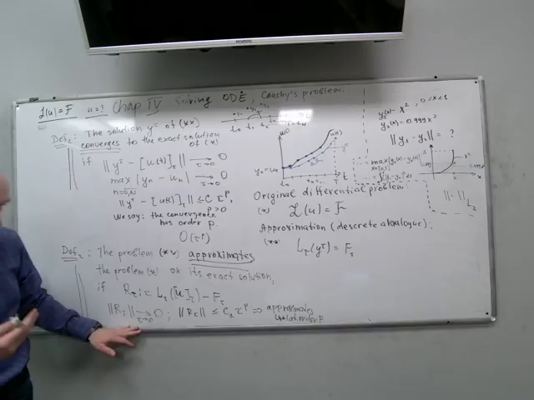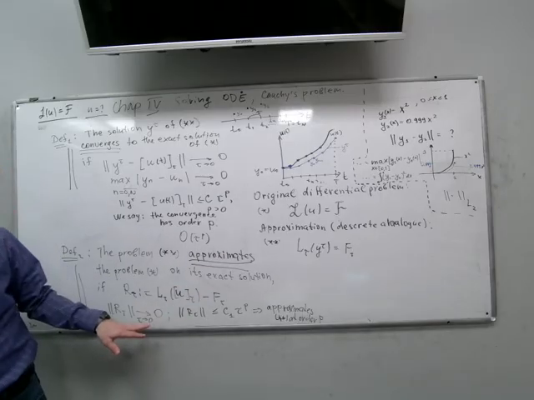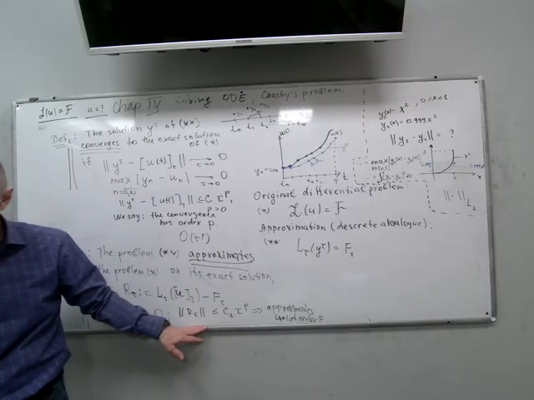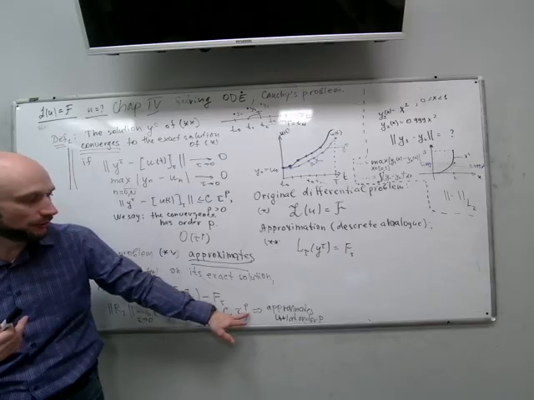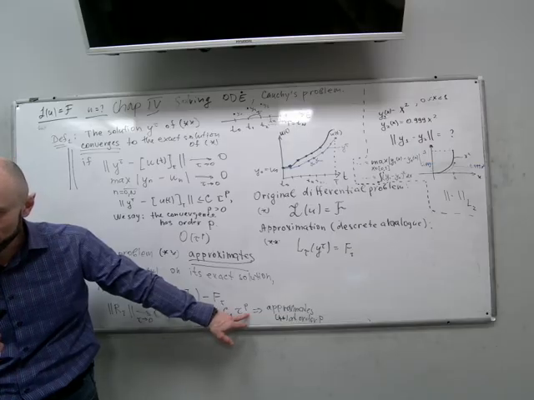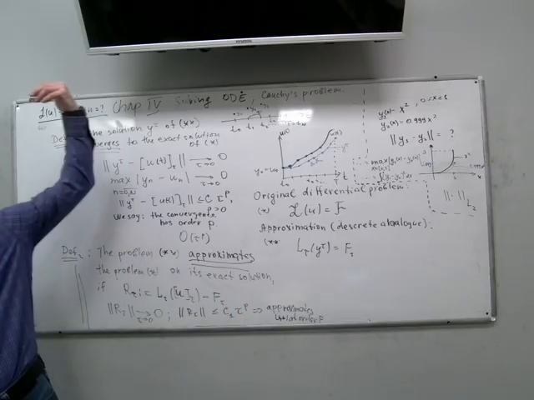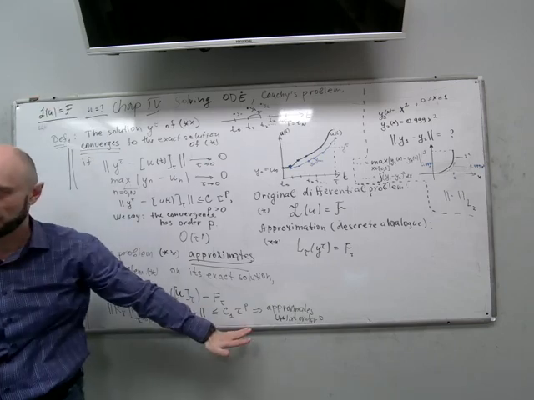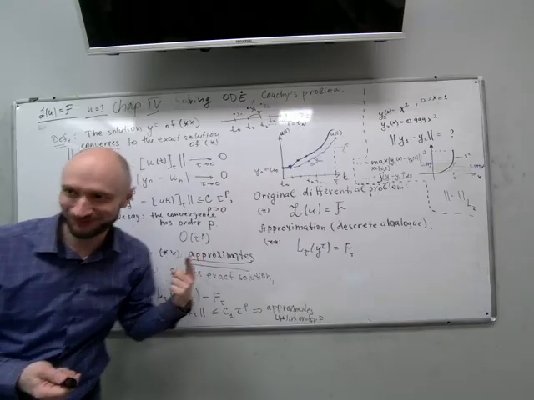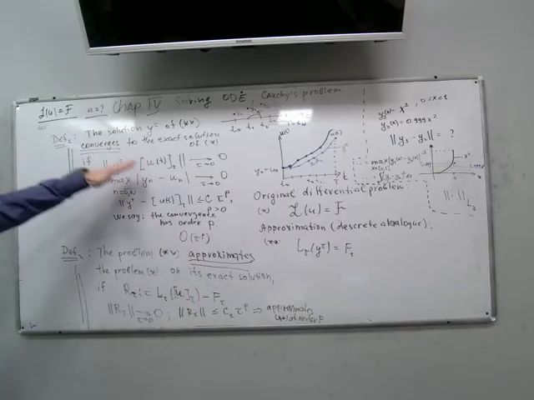If we prove that the method we choose obeys this property, and if we are able to say what the p is, then we know that our method is expected to approximate the original problem at order p. And this is good. But it's not all, because this is a different thing from convergence.